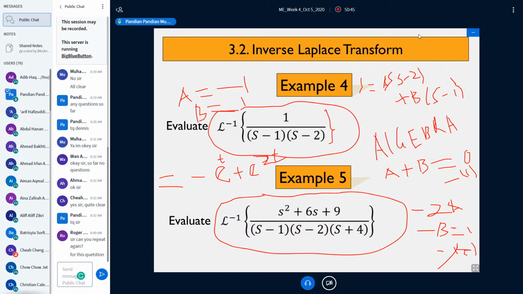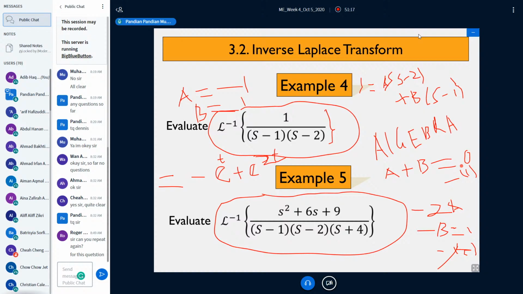Now, you equate the constant and the S power. So, S power, the left hand side is 0. Right hand side, A plus B. Constant, left hand side 1, right hand side minus 2A minus B equals 1.